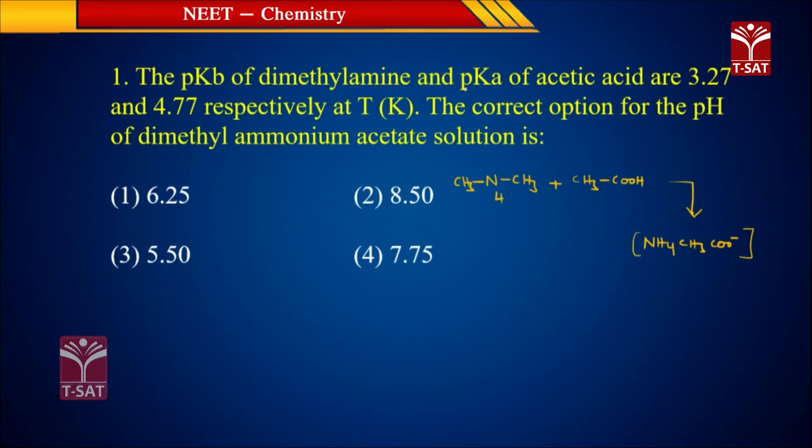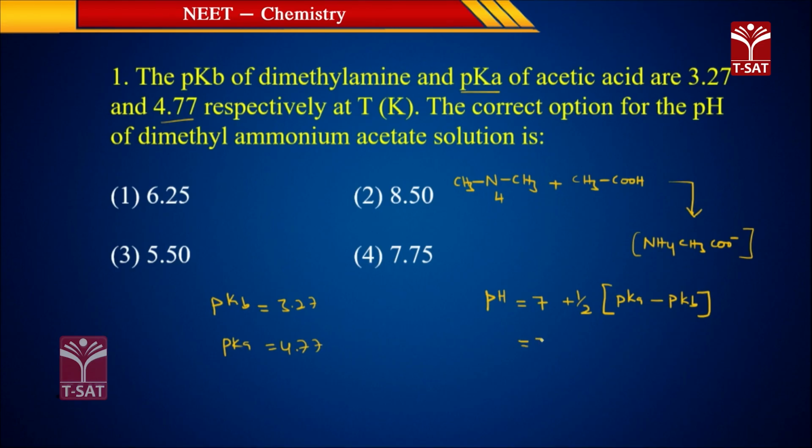When pKa and pKb are given, the formula to calculate pH is equal to 7 plus half into (pKa minus pKb). pKb is given as 3.27, right? And pKa is 4.77.